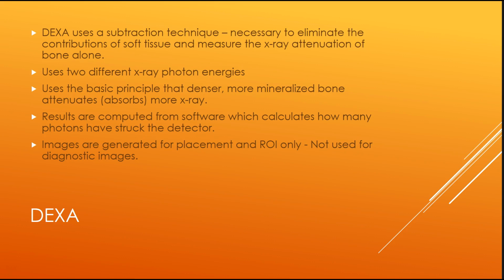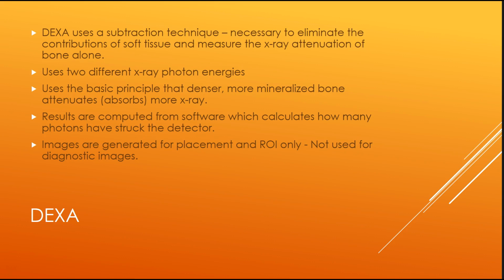This takes those 2 values and subtracts the soft tissue, so that the attenuation number left is bone, bone that has attenuated those X-ray photons.